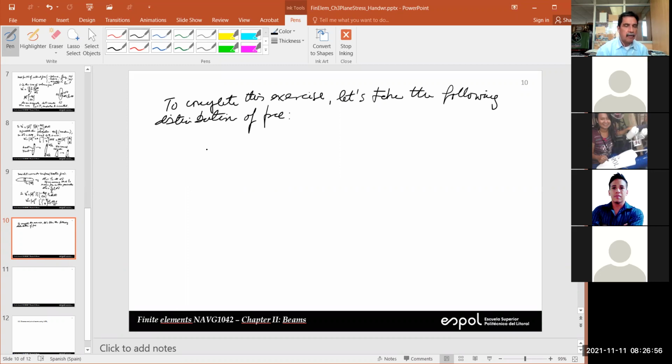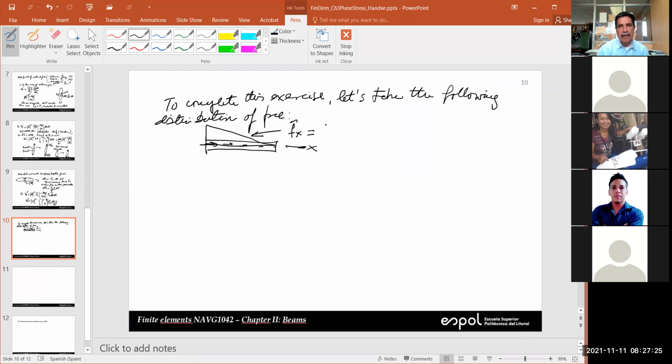Okay, so let's suppose that we have a bar here, and let's suppose that we're going to take this variation. So this is x. So here, a very large value, and then we're going to be decreasing, and at the end we have 0. So this is going to be force per unit length.